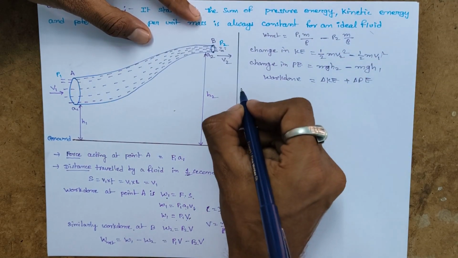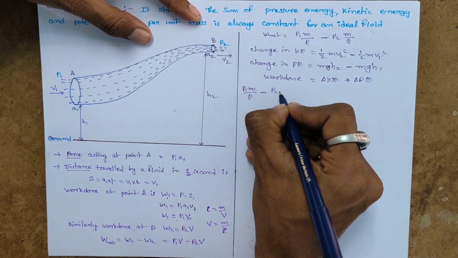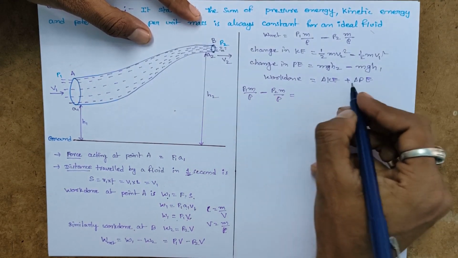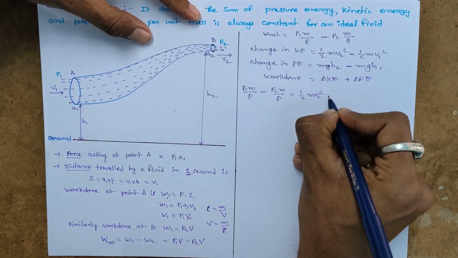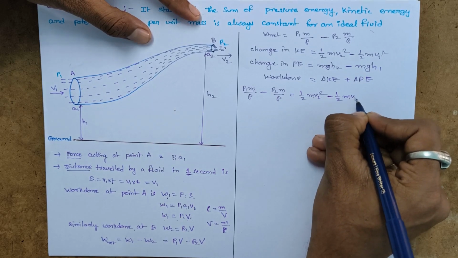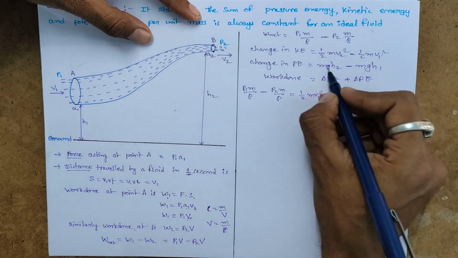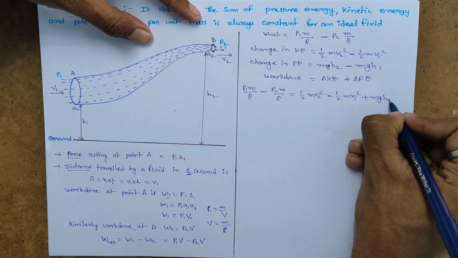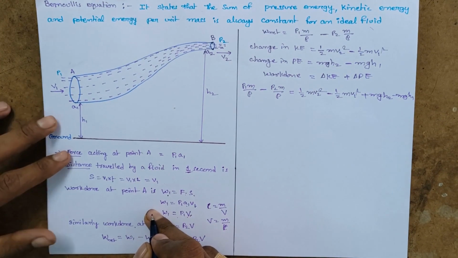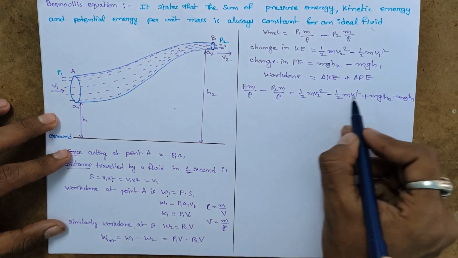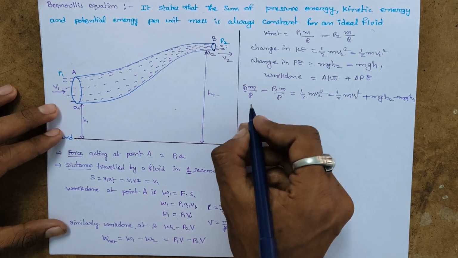So what is the work done? P1 m by rho minus P2 m by rho is equal to the change in kinetic energy, half mv2 square minus half mv1 square, plus the change in potential energy, mgh2 minus mgh1. After getting this equation, take two terms on one side and two terms on the other side. P1 m by rho stays as it is.